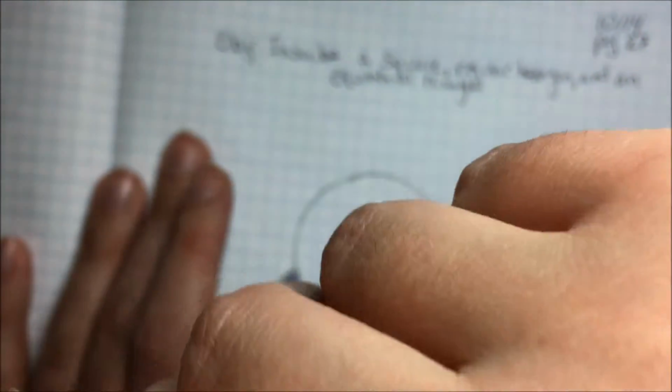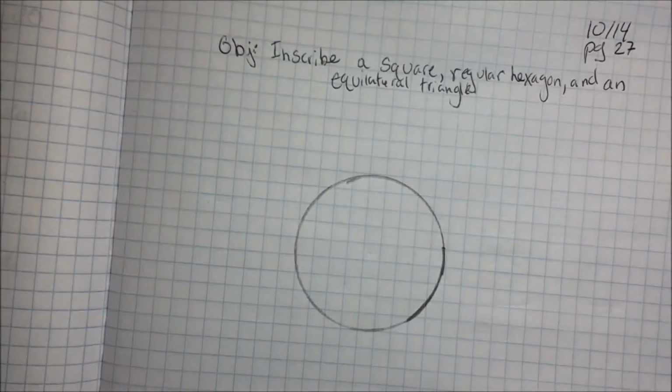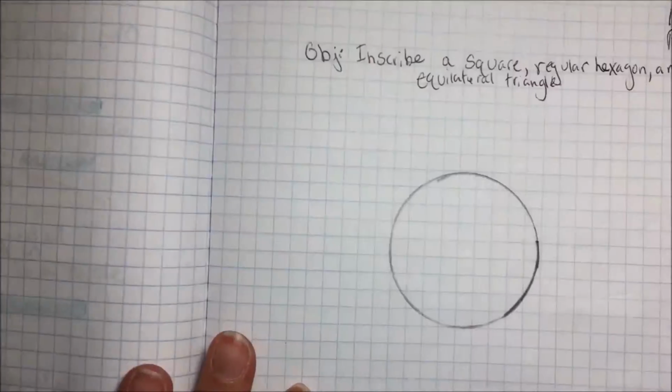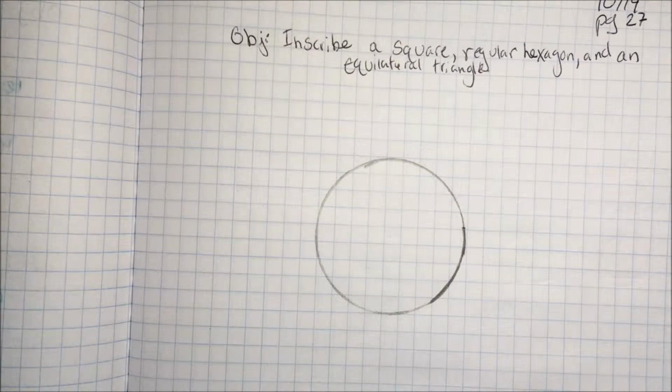Circular difficulties. Now close your book, and we're going to open it back up and pretend like we don't know where the center of that circle is. So, here's how you do it.